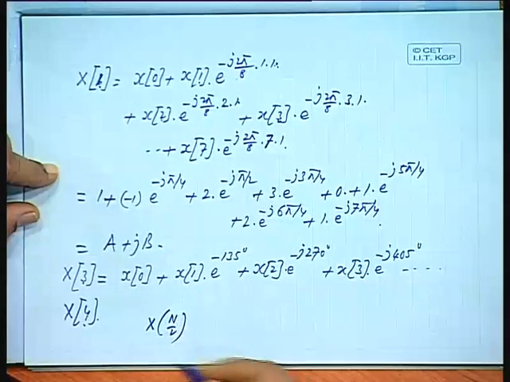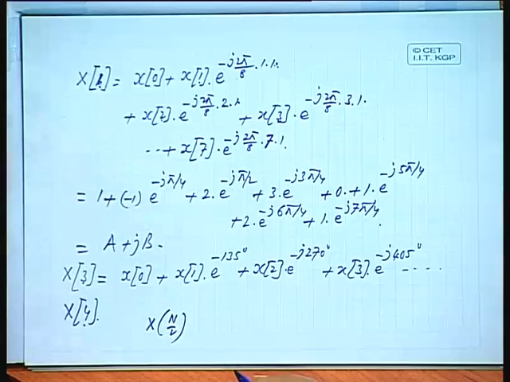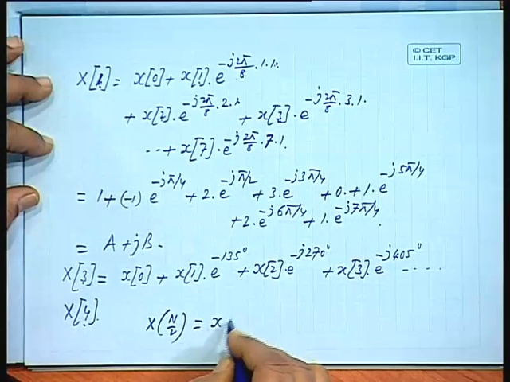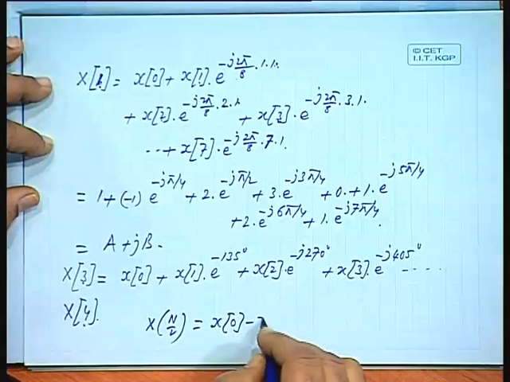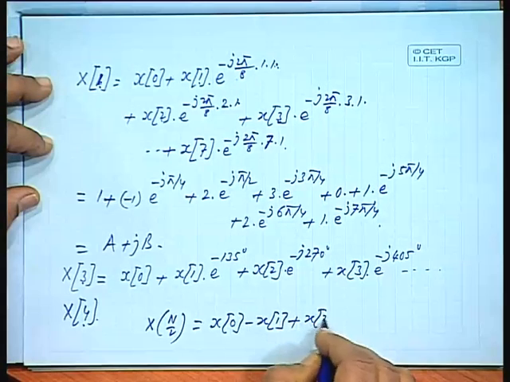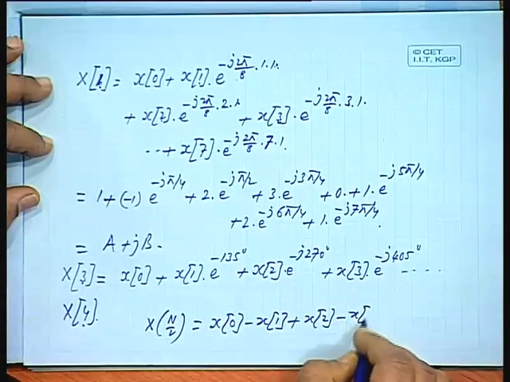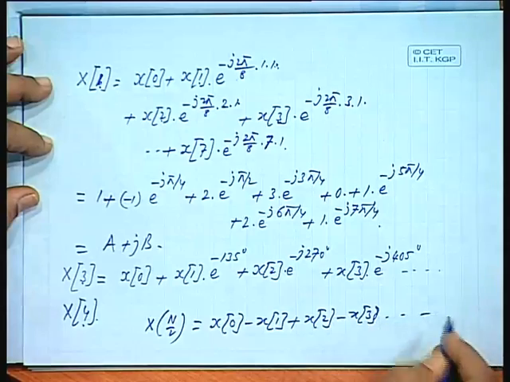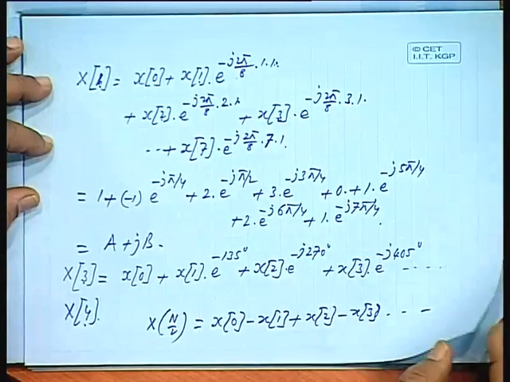So whenever you are going to compute X at N by 2, the sequence will be just alternately appearing with a negative sign, and so on. Is that okay?